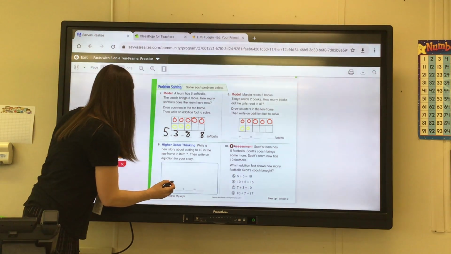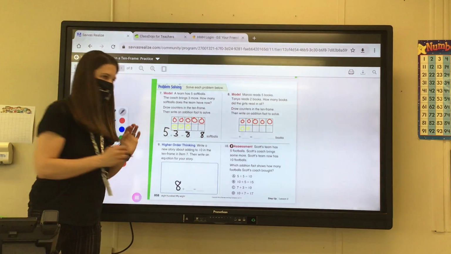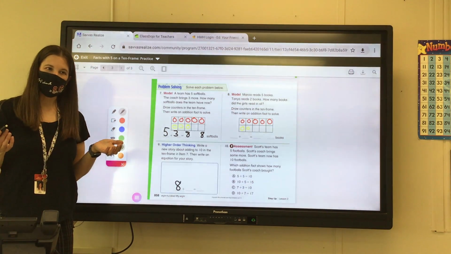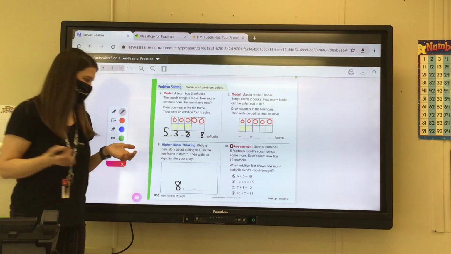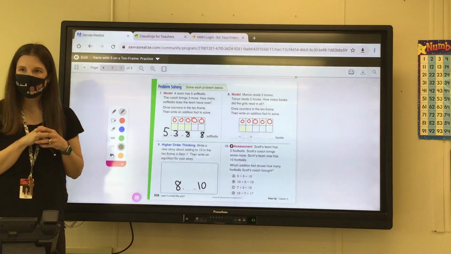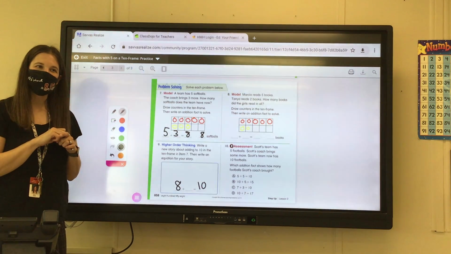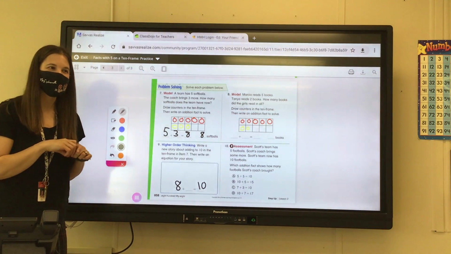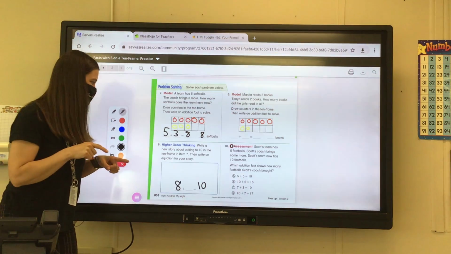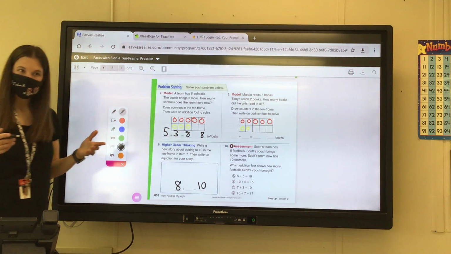So the team now has 8 softballs. But they have 10 friends on their team. Okay, so they have 10 total friends on their team. How many more softballs do they need to have 1 for each friend? 2. Ooh, I heard some good answers there. 2. How do you know?